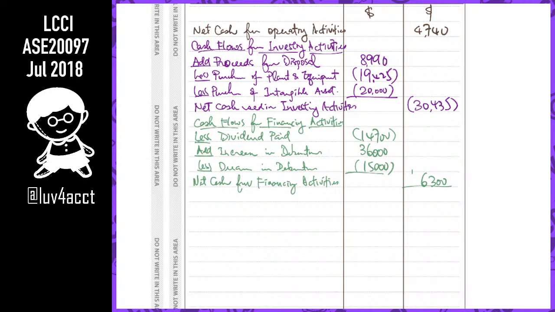Four seven four zero, 19395. This is net. This is decrease. Net decrease in cash and cash equivalent.